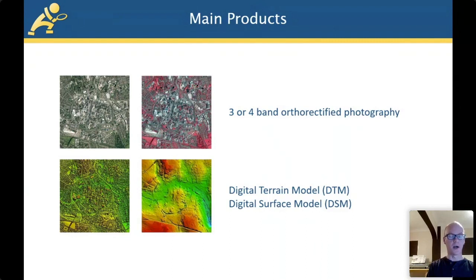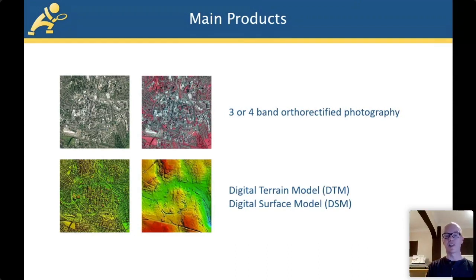As I mentioned, the camera has 4 bands: red, green, blue, and infrared. And our core product is probably our RGB orthorectified photography. So what's orthorectified? Orthorectified is georectified and matching your mapping grid.